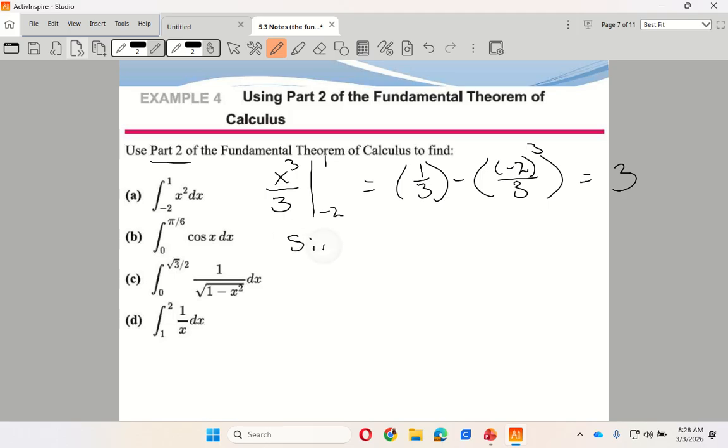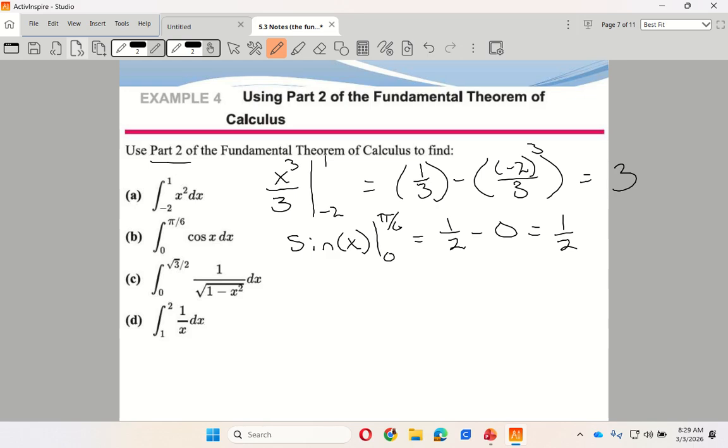So I'm going to have sine of x from 0 to pi over 6: sine of pi over 6 minus sine at 0. You guys remember what that one is?